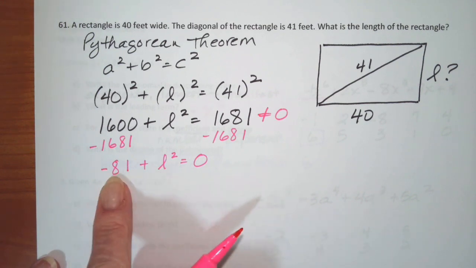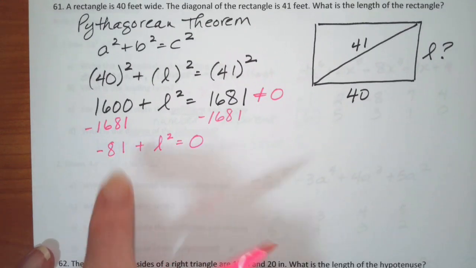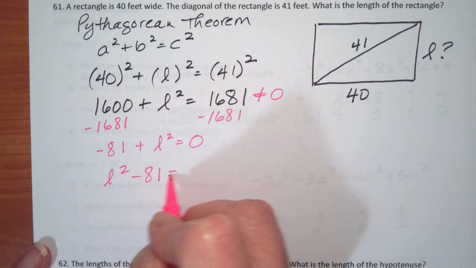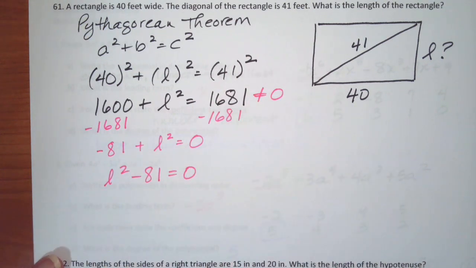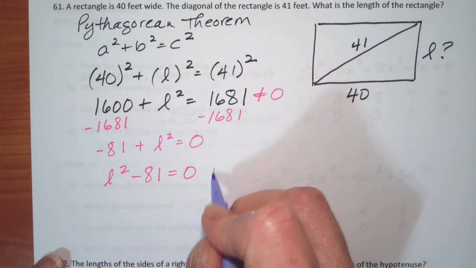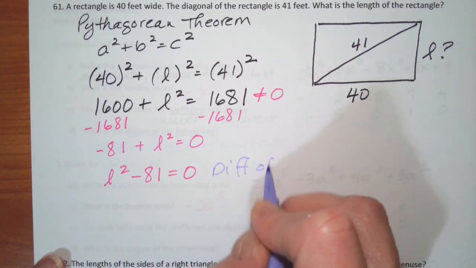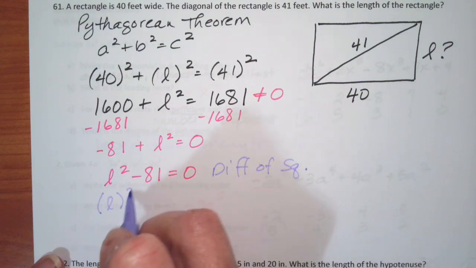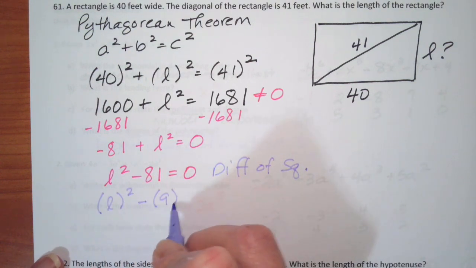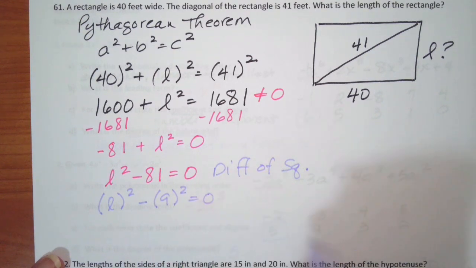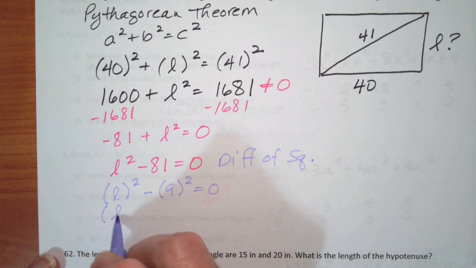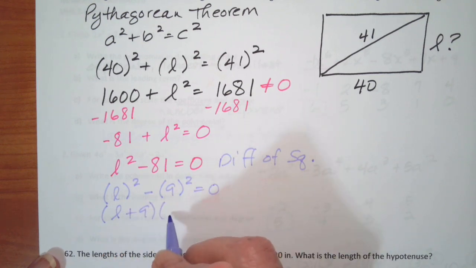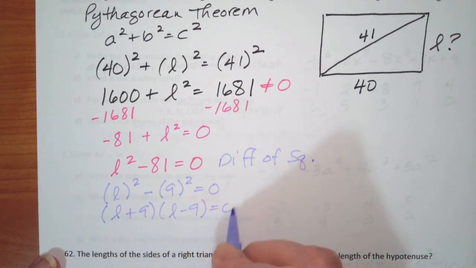Now this is kind of close to what I want, but I want to put this in descending order. So I get L squared minus 81 is 0, and now I see that this is a difference of squares. So this is L to the second minus 9 to the second equals 0. So it factors into L plus 9 times L minus 9.